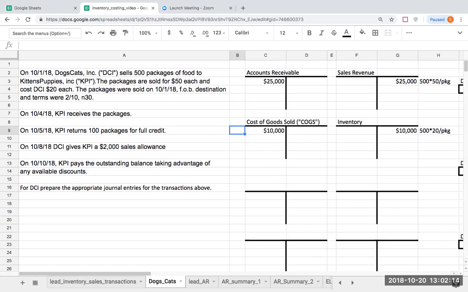We'll get to an income statement shortly, but the cost of goods sold is an expense of selling that inventory. The inventory is no longer on my books because I have sold it, and so here I have to show this as a credit.